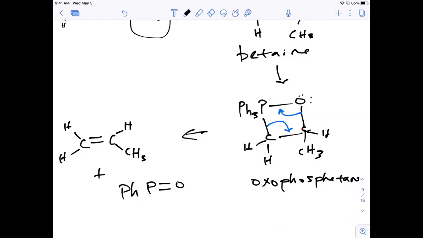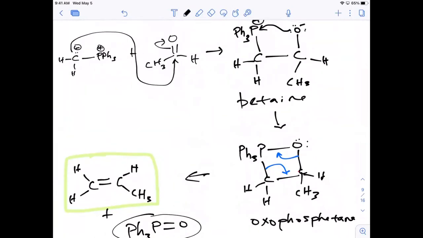This P=O double bond drives the reaction. That's a really strong bond. So the decomposition of that ring is driven by the fact that you get this P=O double bond in the product, because that's a really, really strong bond, so it gives off a lot of energy when you make it. And then your alkene is your main product, though. This is what you're trying to get to.